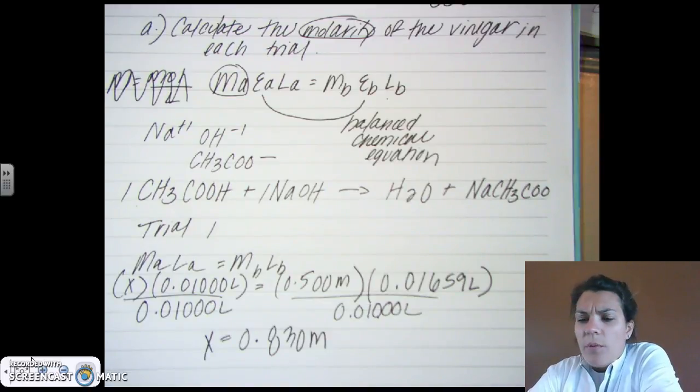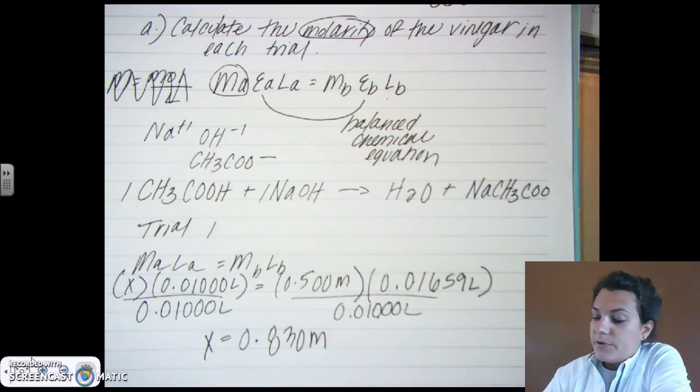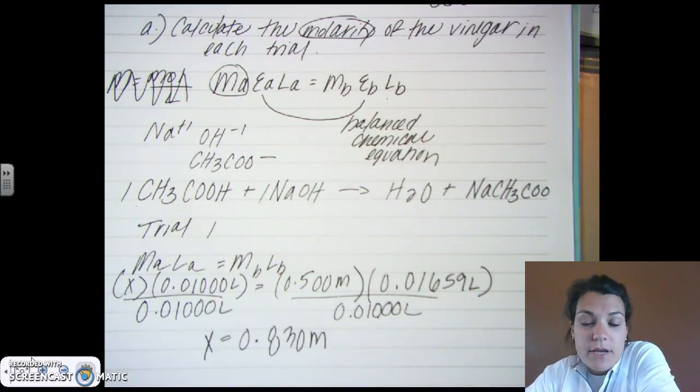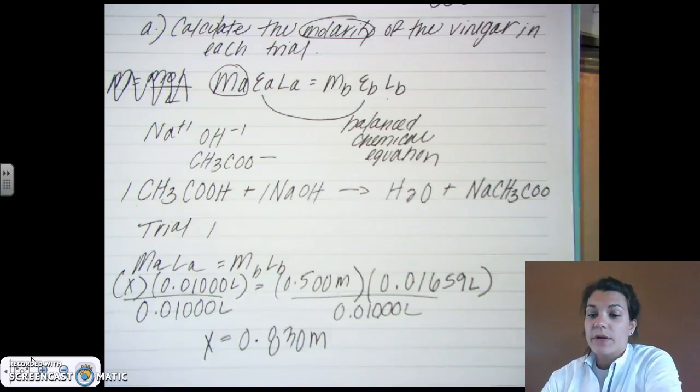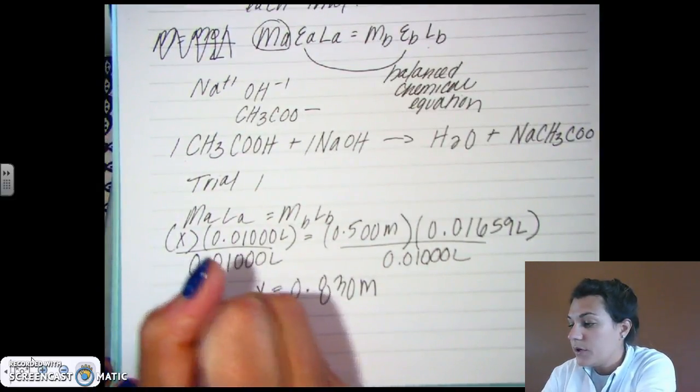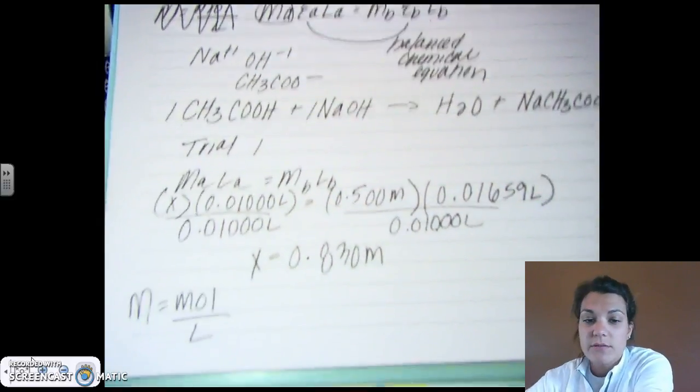Okay, what if I asked you, drawing on some previous information, how many grams is this? Can you tell me how many grams of acetic acid is in this solution? Now this is where we're going to have to use molarity is equal to moles over liters, right?